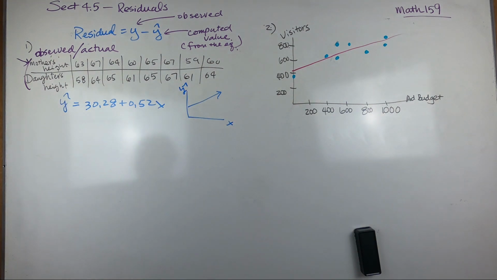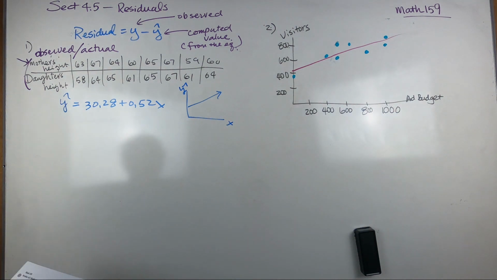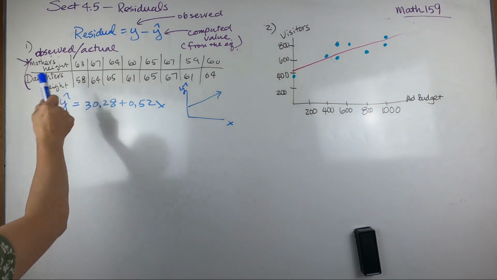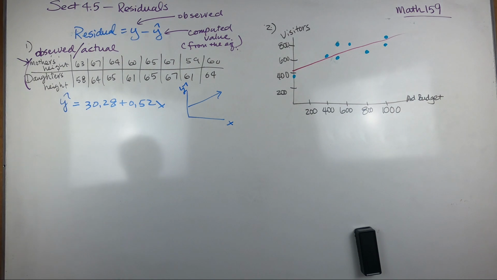So what does this line mean? What is your x? What is your y? You need to decide. Which one is x, which one is y? Is y the daughter's height, or the mother's height?